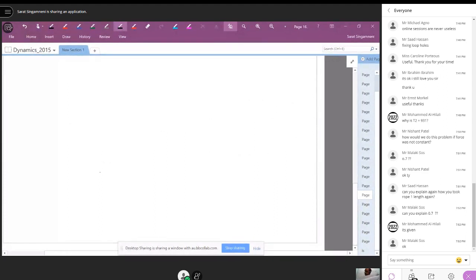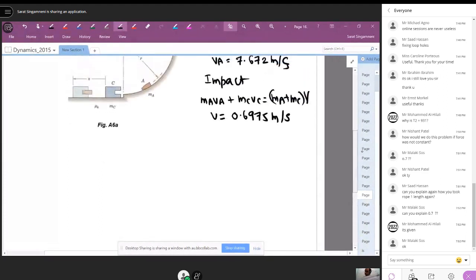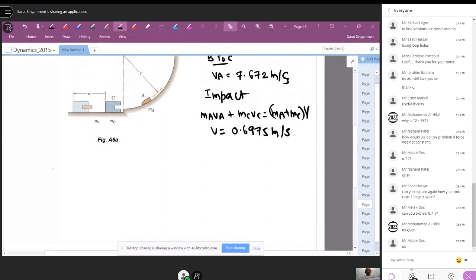And then they are moving together under friction. So you take the free body diagram of further motion. So that is C, and then A got embedded into it.